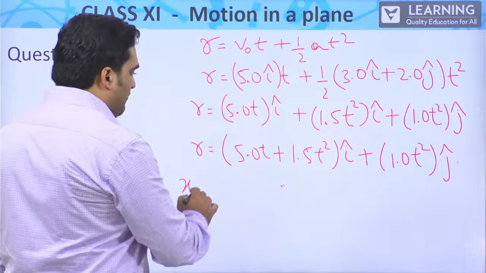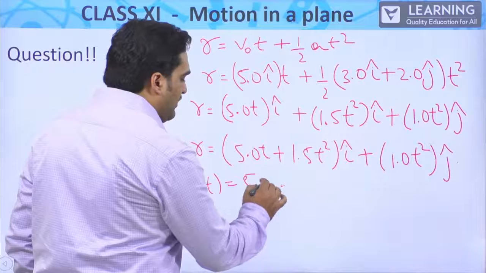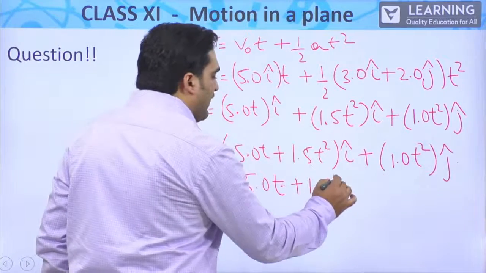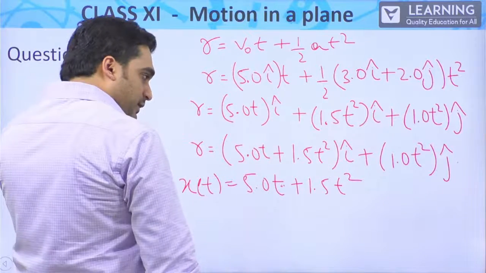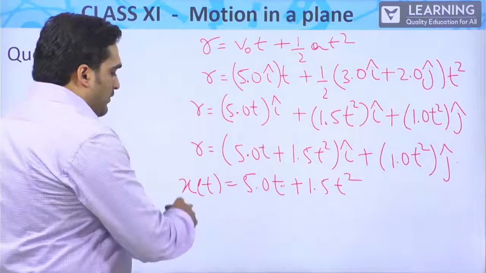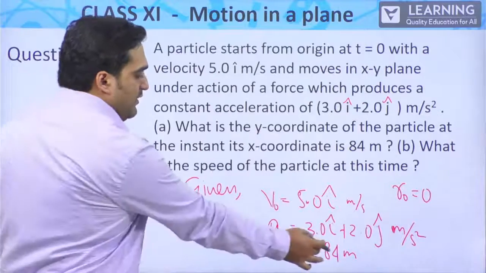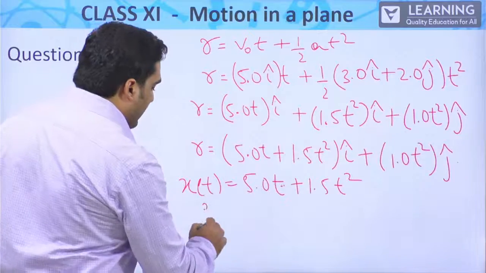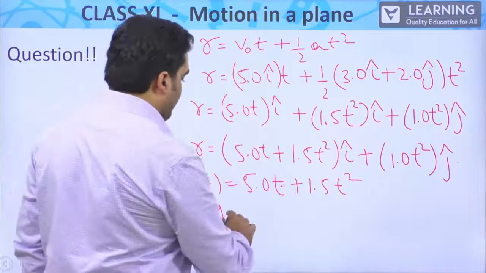So the x component, which is a function of time, is 5.0 t plus 1.5 t square. We already have x of t as 84. So by substituting 84, we have to find the value of t.